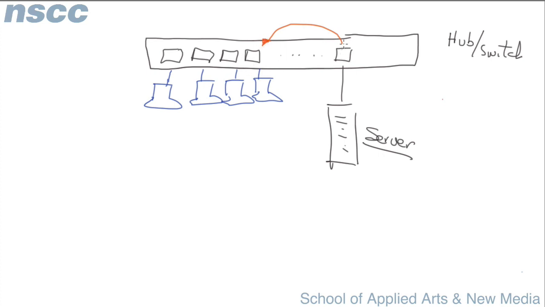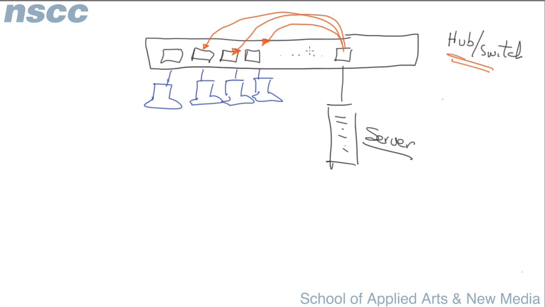Maybe we're just reading, maybe this is an email server, maybe it's a file server, but we're typically just retrieving information from it, and we don't have much communication between the PCs. In this case, whether we have a switch or a hub is not really going to give us a lot of difference, because we typically only have half duplex communication and we're only sending to one device.